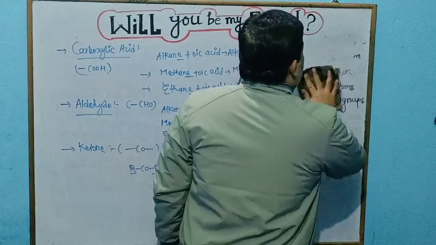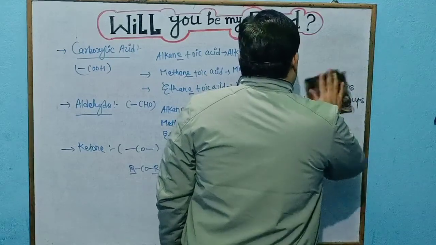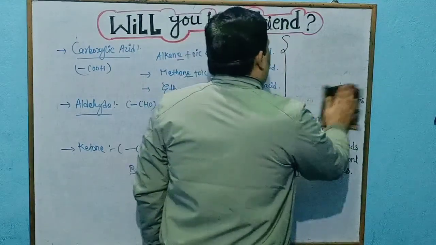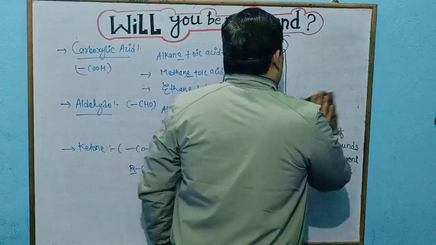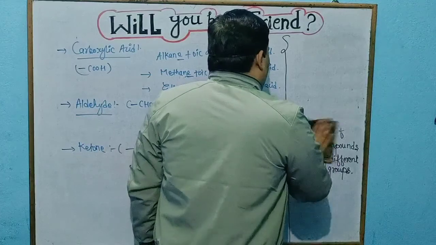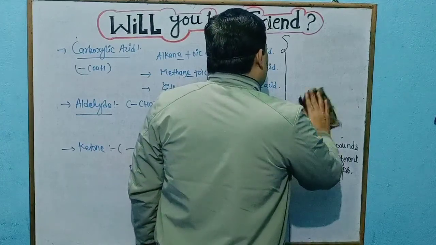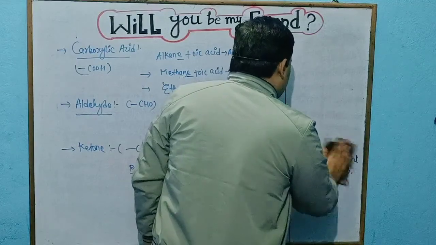Actually, alkyl groups are called radicals. Why? Because they are dissatisfied. It is generally represented by the formula CnH2n+1. It has one hydrogen less than normal alkane. So that is called alkyl.